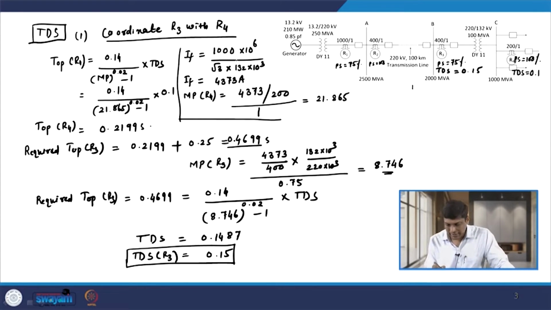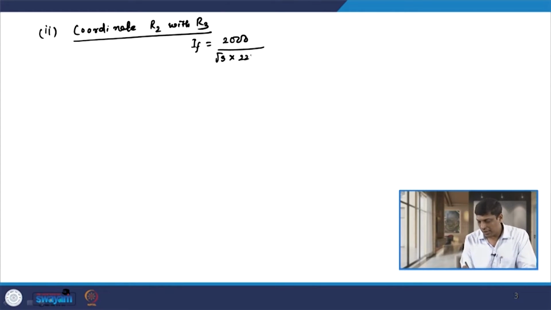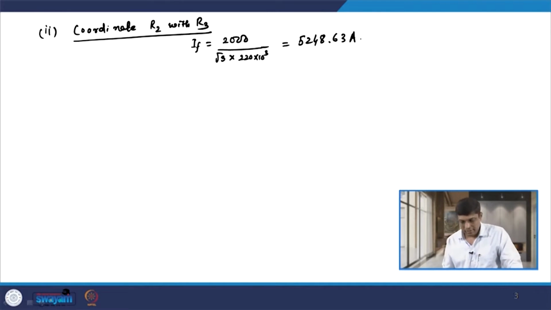You can see that at bus B the voltage level is 220 kV, so we can calculate 220 into 10 raised to 3. If we calculate it, it is 5248.63 ampere. So, you have the value of current.